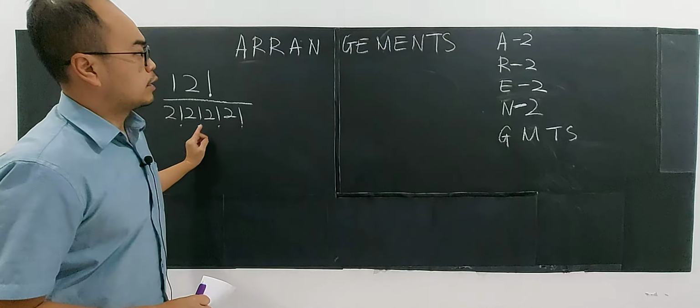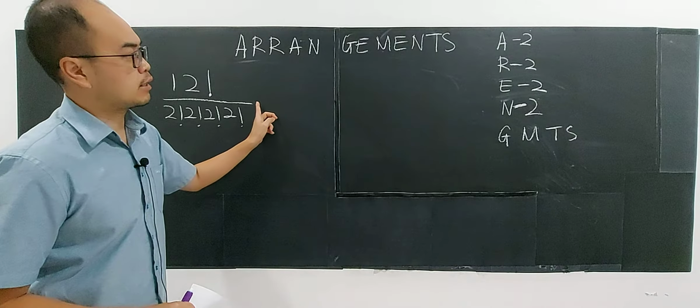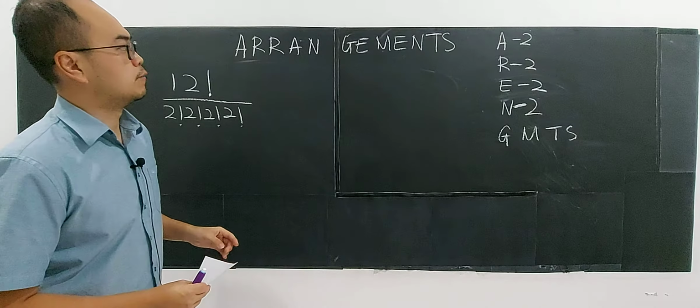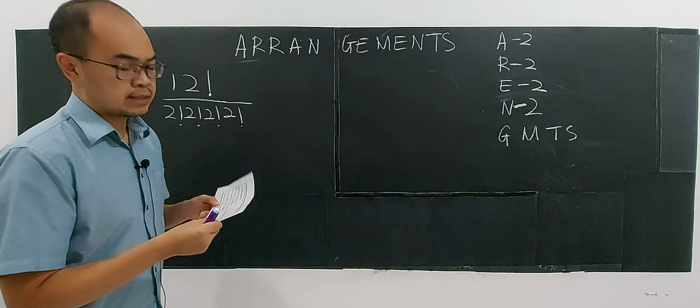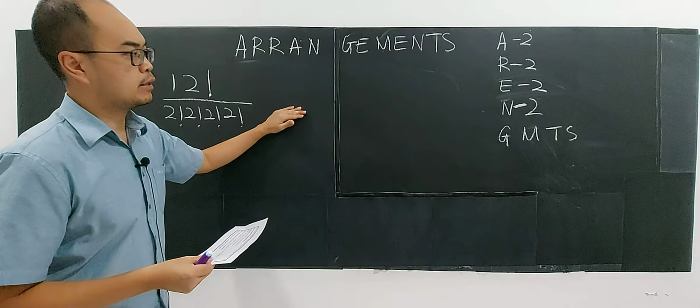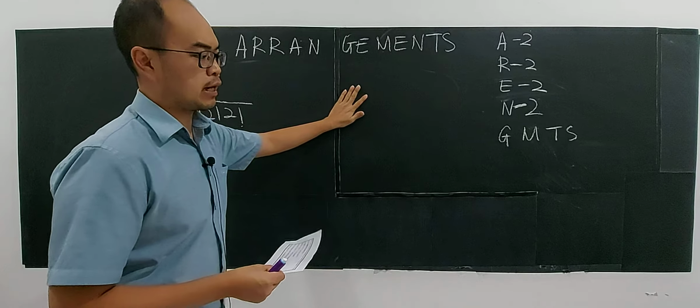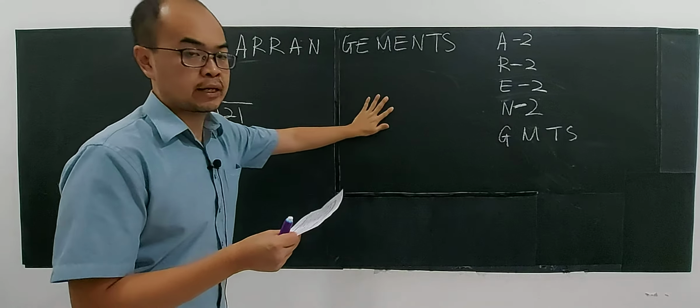Then I have to minus away the possibility. Because they said the two letter E's are separated, I can minus away the arrangements in which the two letter E's are together.